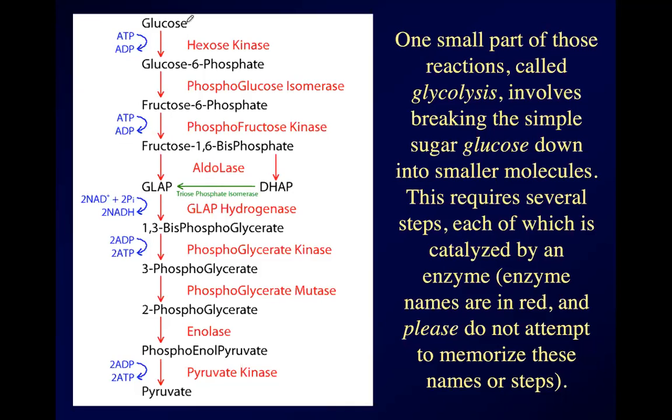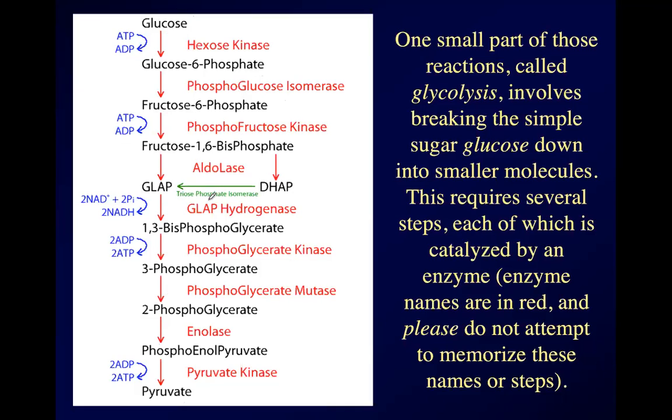And it's broken down to pyruvate in 1, 2, 3, 4, 5, 6, 7, 8, 9 steps. Every one of those steps is represented by a red arrow. So glucose gets converted to glucose 6-phosphate. Glucose 6-phosphate gets turned into fructose 6-phosphate. Fructose 6-phosphate gets turned into fructose 1,6-bisphosphate.